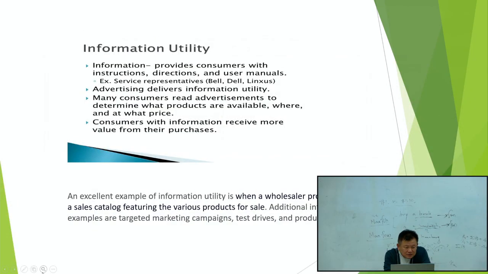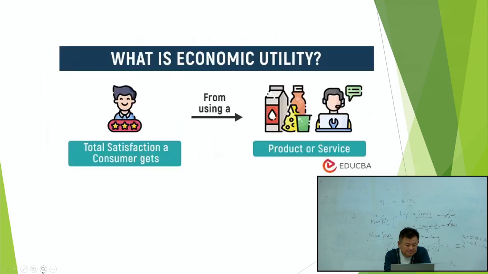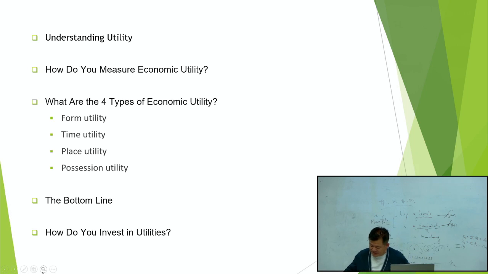And sometimes we add a fifth form of economic utility. There are form, time, place, and possession. But now is the information era, so the ability of the good and service to satisfy the consumer's needs or wants is another factor.